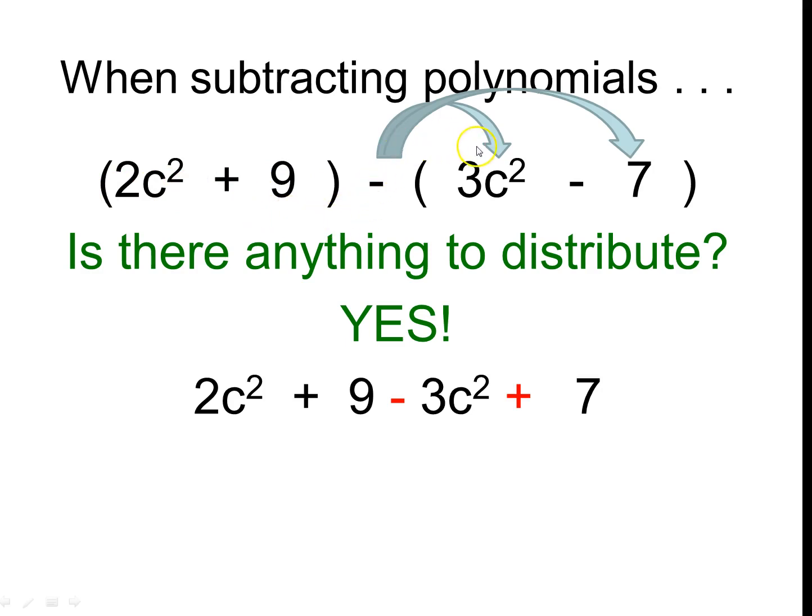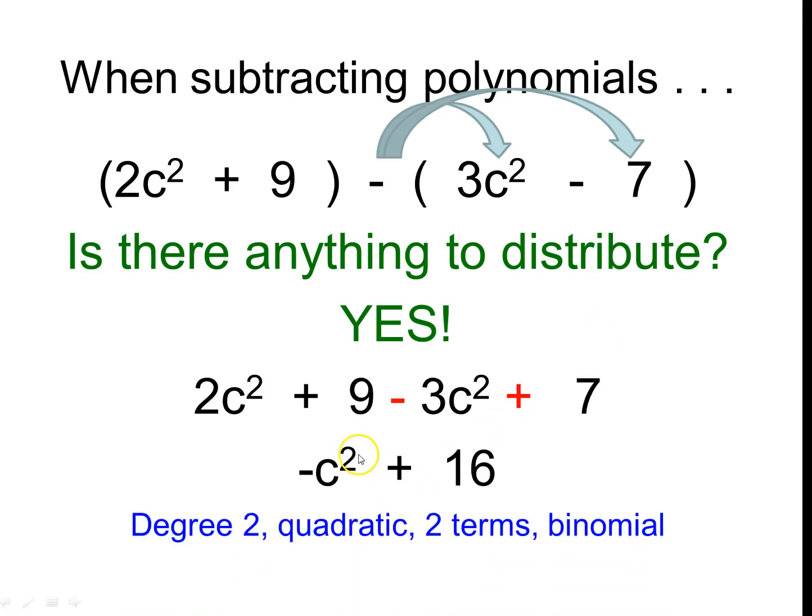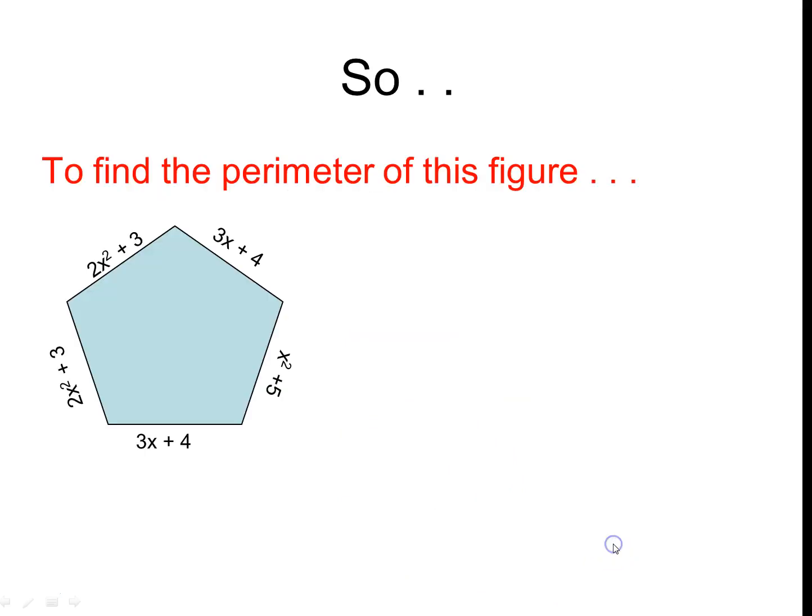But negative times 3c squared is negative 3c squared. And negative times negative 7 is positive 7. This is going to hurt you. You're going to forget to distribute, and that's going to hurt. Now I combine like terms, and the name of this one, the degree is 2, therefore it's a quadratic. It has 2 terms, which makes it a binomial.